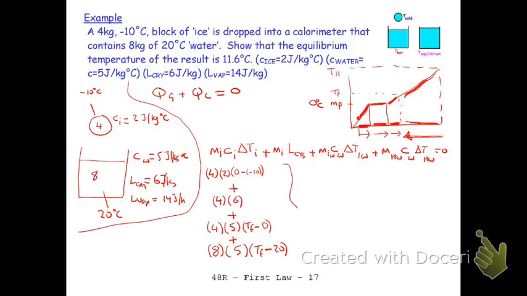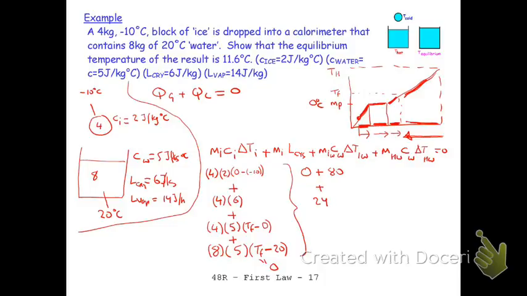So those equal 0. So that would be 4 times 2 is 8. So it would be 8 times 0 is 0. Minus 8 times 10 is 80. Added to 24.